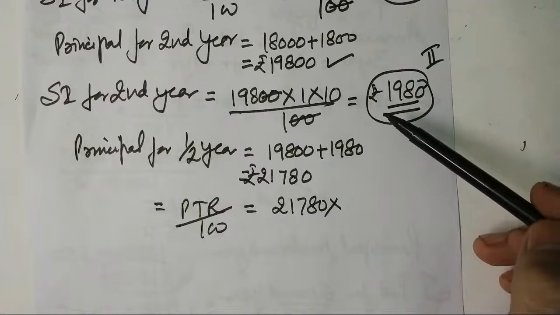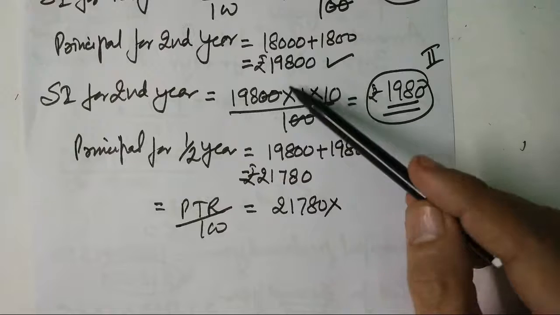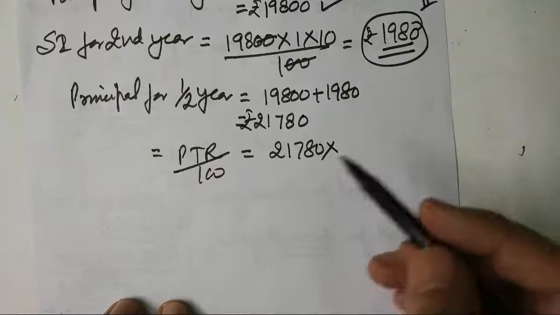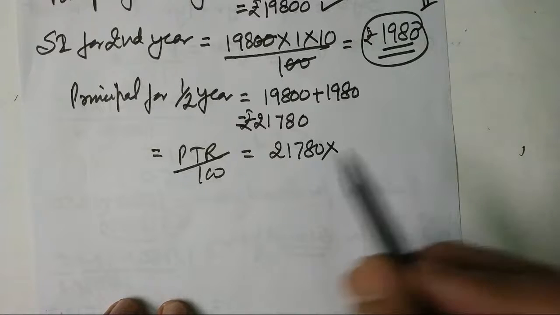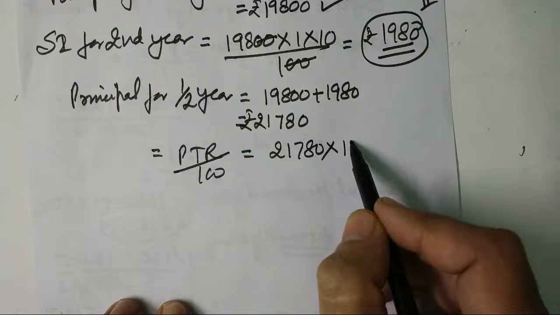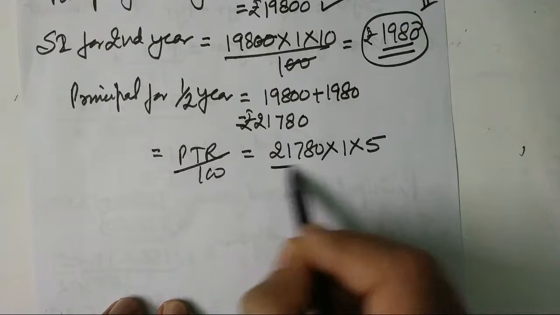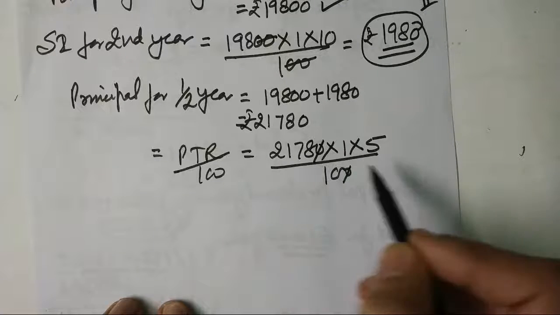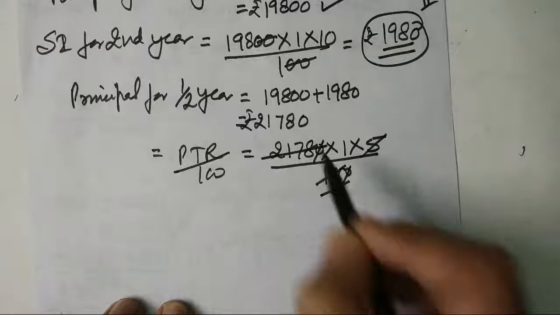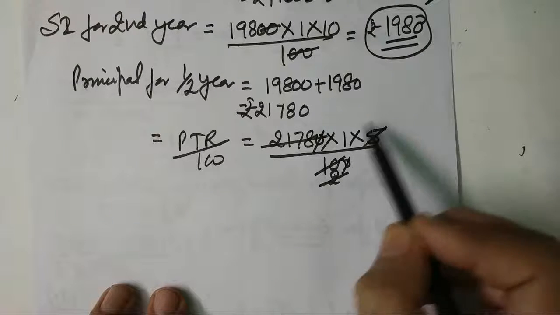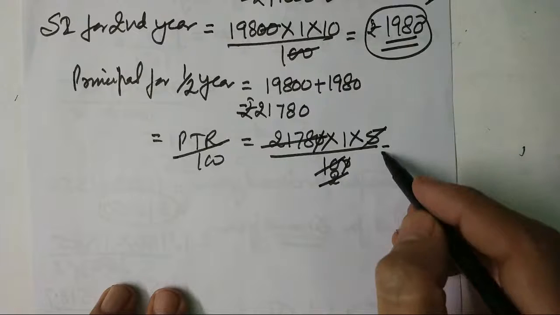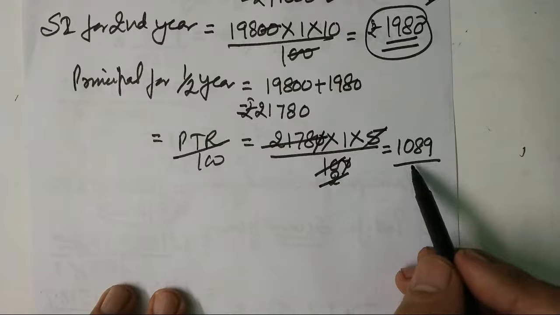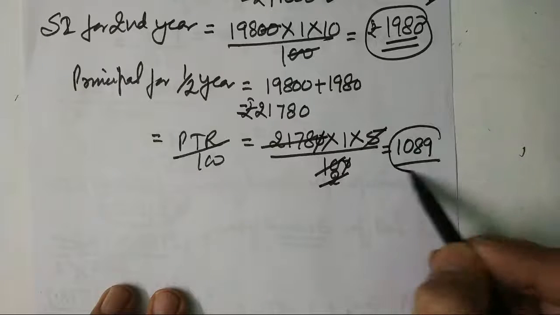The time will be taken as half and the rate will be calculated only for the half year. So in half year you will get 5 rate only and the rest we will do in the same manner. So I have taken the rate as 5%. Now when you divide, the interest for the third period becomes 1089.